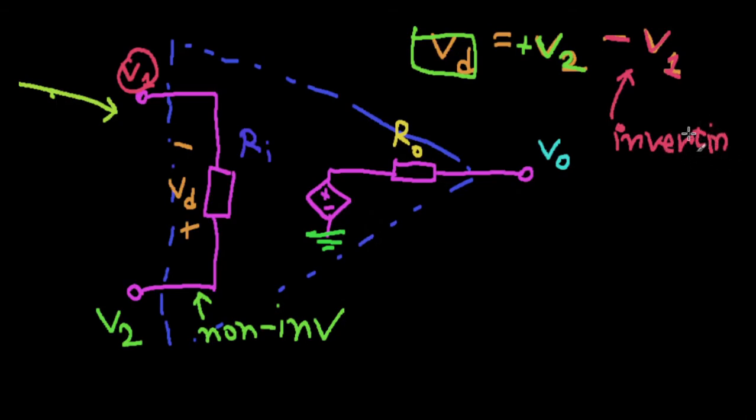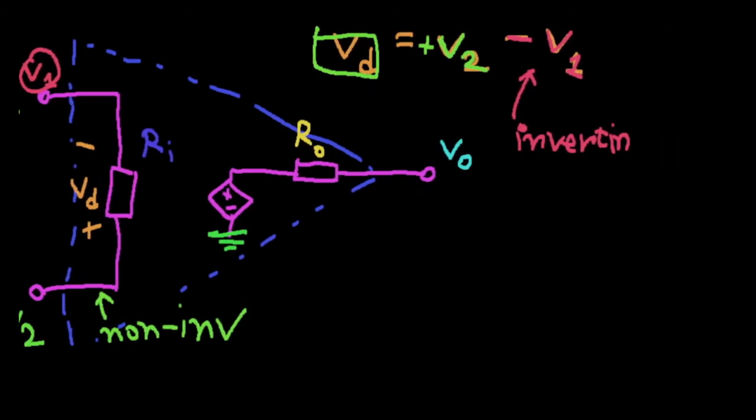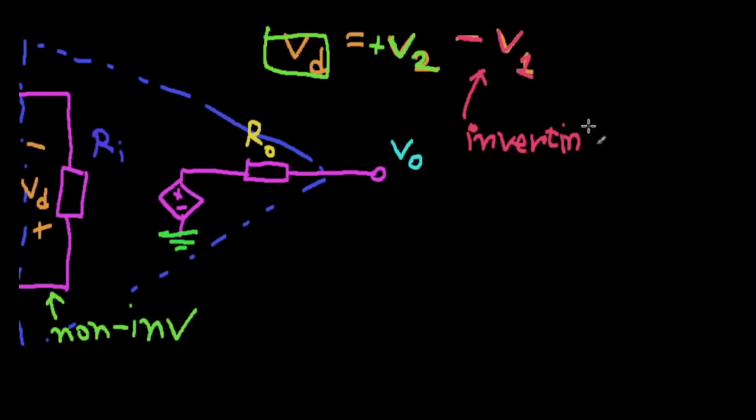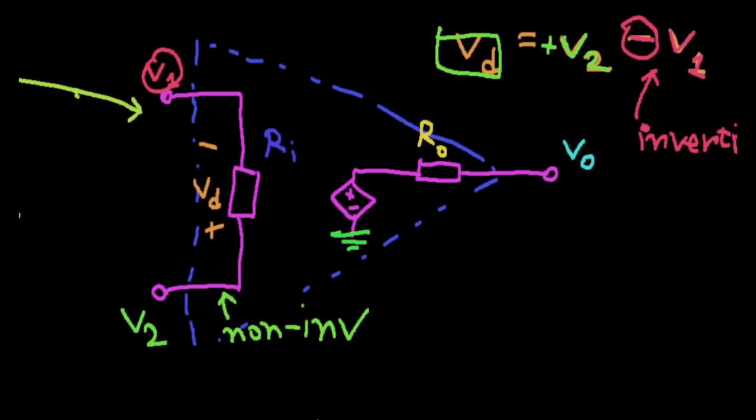And obviously V2, since we just kept it as it is and didn't invert it, is non-inverting. So we inverted V1 by the minus sign here and then added it to the non-inverted V2, and that's why you get V sub D, and that's why the input terminals are named as such.